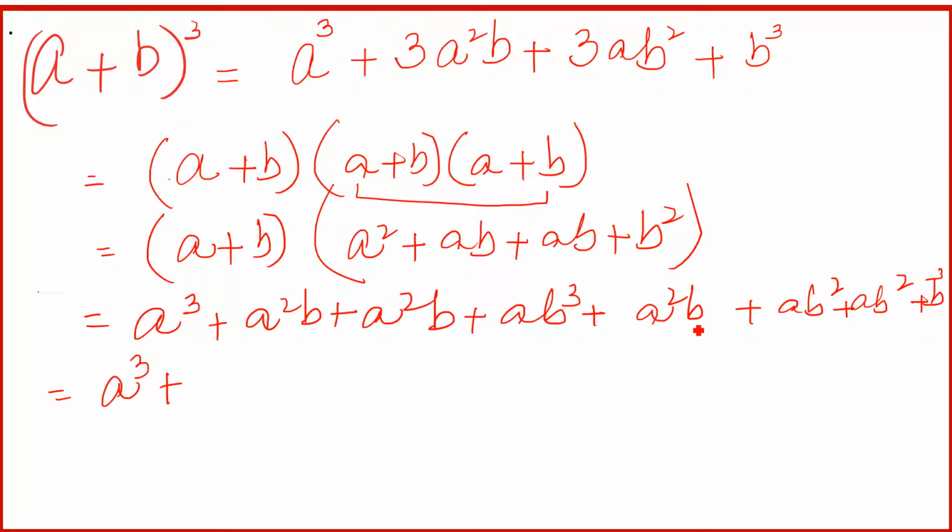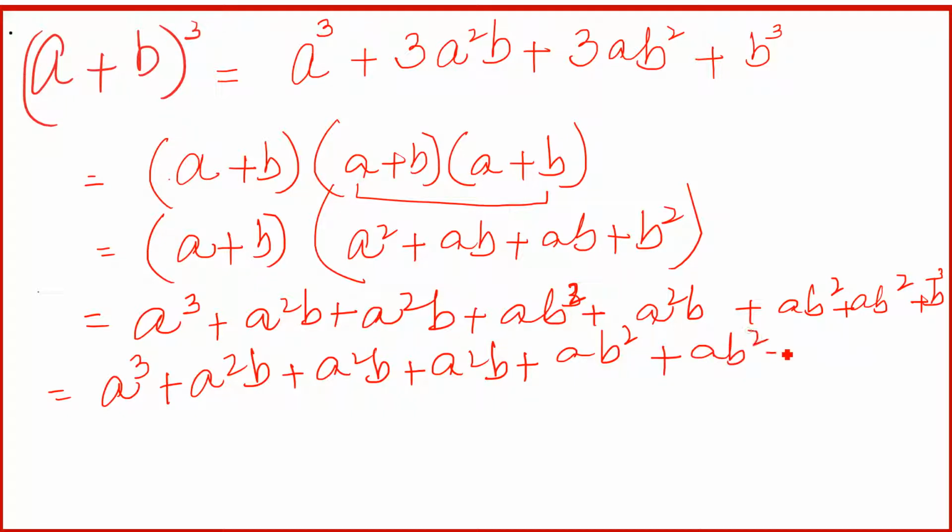We have the same thing 3 times exactly, a square b, so we can write them together as a square b plus a square b. Same thing here: a square b, ab square plus ab square plus ab square plus b cube. See, 3 times we have ab square, exactly the same, and this is a square b.